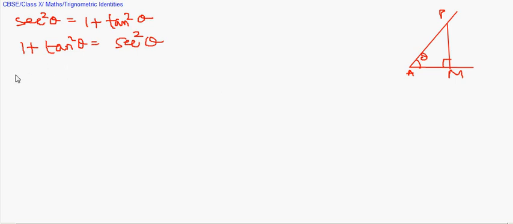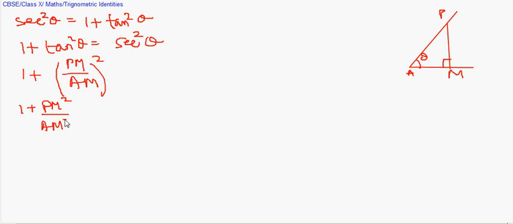I would write what? 1 plus what is tan here? The tan here will be perpendicular by base square. So it is 1 plus PM square by AM square.